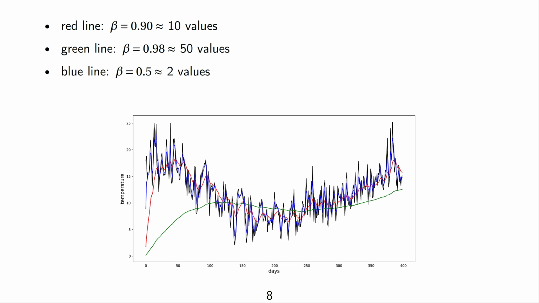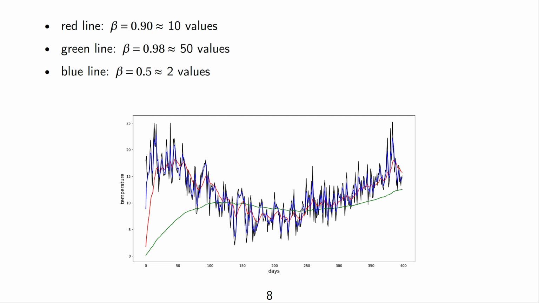Let's look at multiple exponentially moving averages in this figure. So black again is the original time series, and then the red line is what we saw before, beta equals 0.9, where we say it's approximately the same as averaging over the past 10 values. Now, setting beta to a much higher value, which means we want to take something closer to the average of the last 50 values or so, the output function, the green line, is considerably smoother.